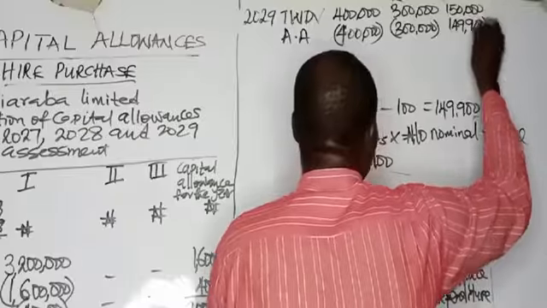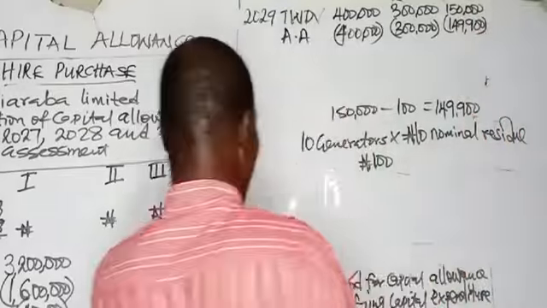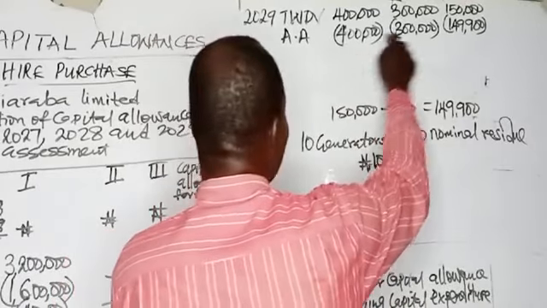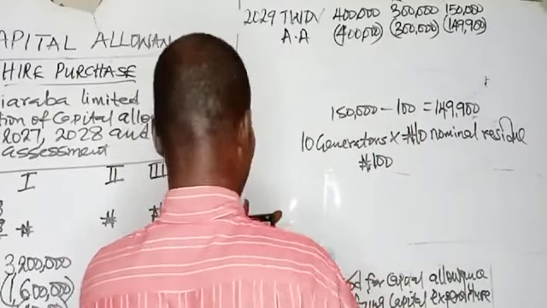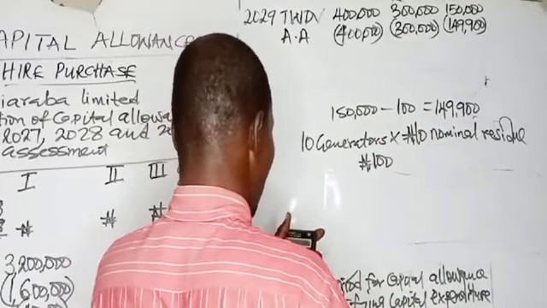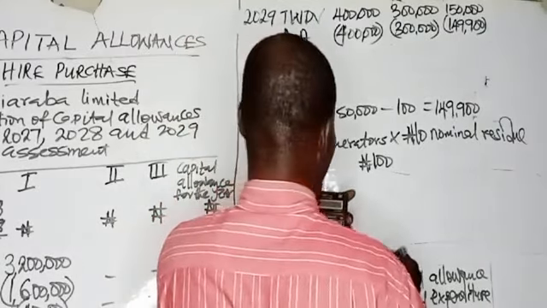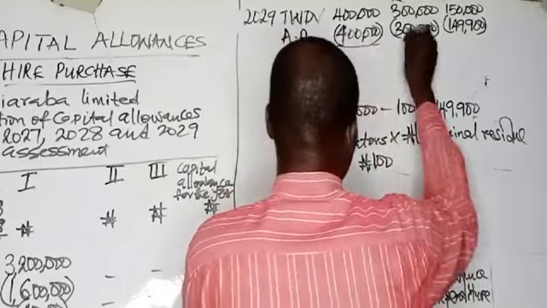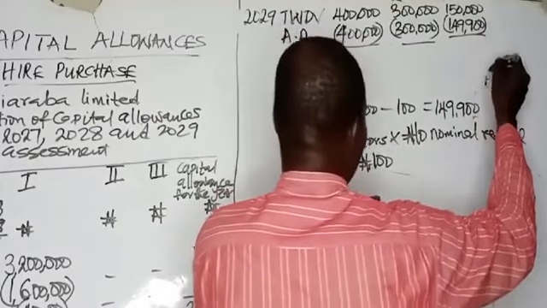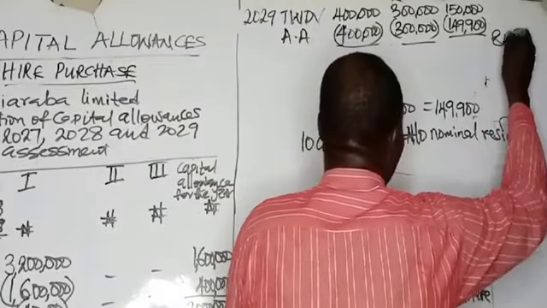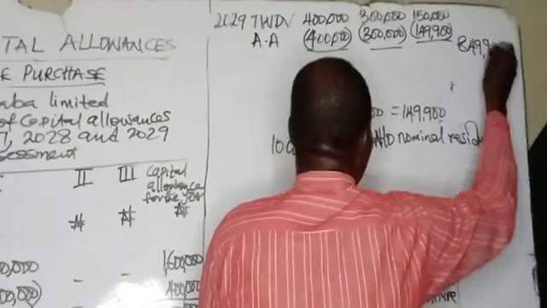So the capital allowance for the year now will be 149,900. So let's sum up the annual allowances. 400 plus 300, that is 700,000, plus 149,900. It will be 849,900.